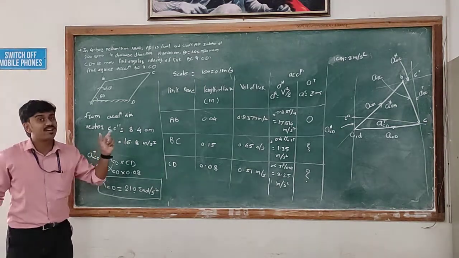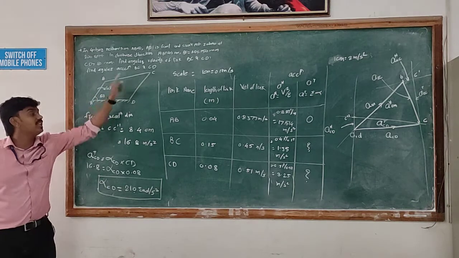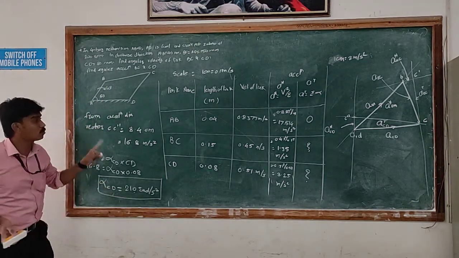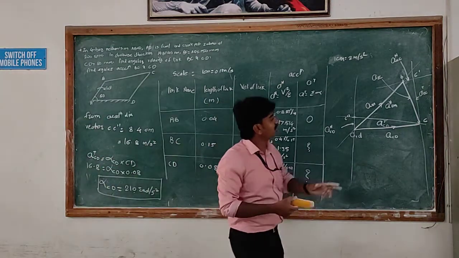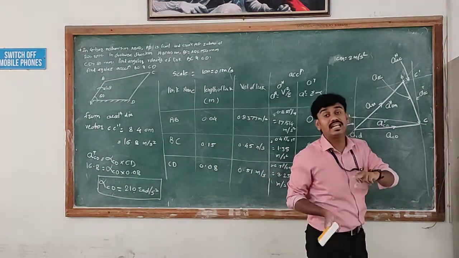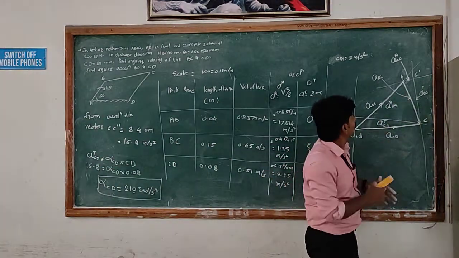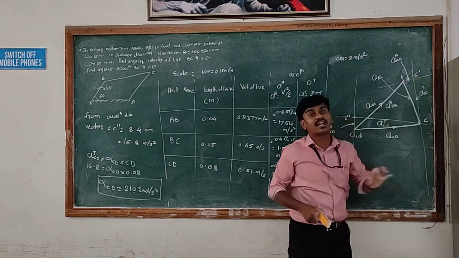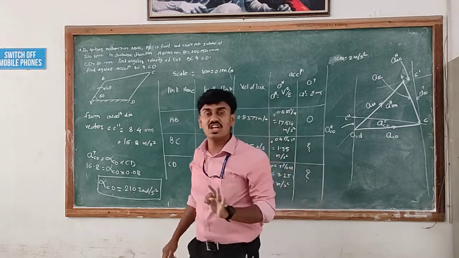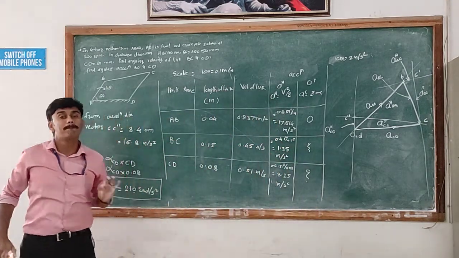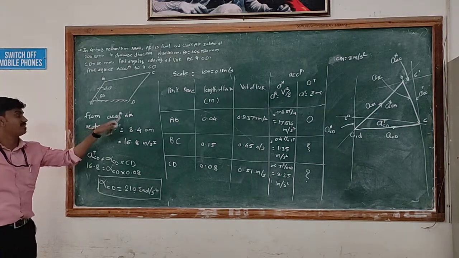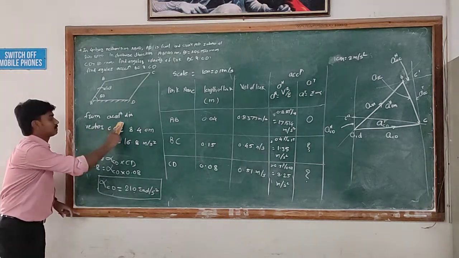Similarly, we can find the angular acceleration of the link BC. First of all, from the diagram we have to measure the tangential acceleration of the link BC. The vector C to C dash will represent the tangential acceleration of the link BC.